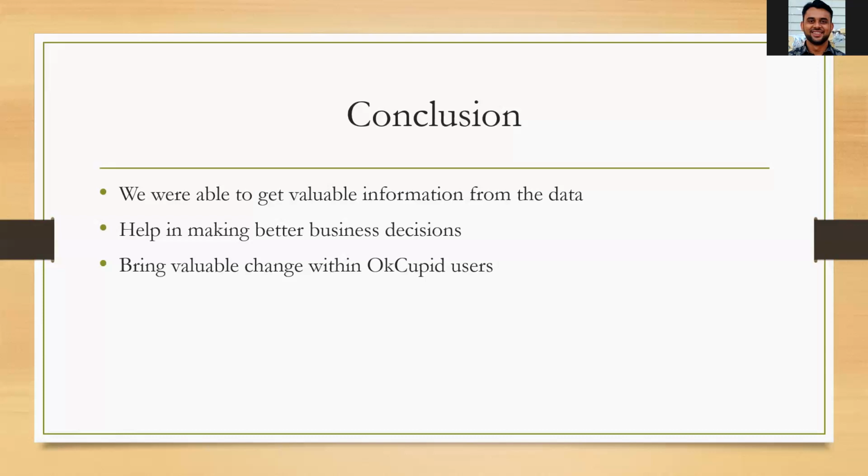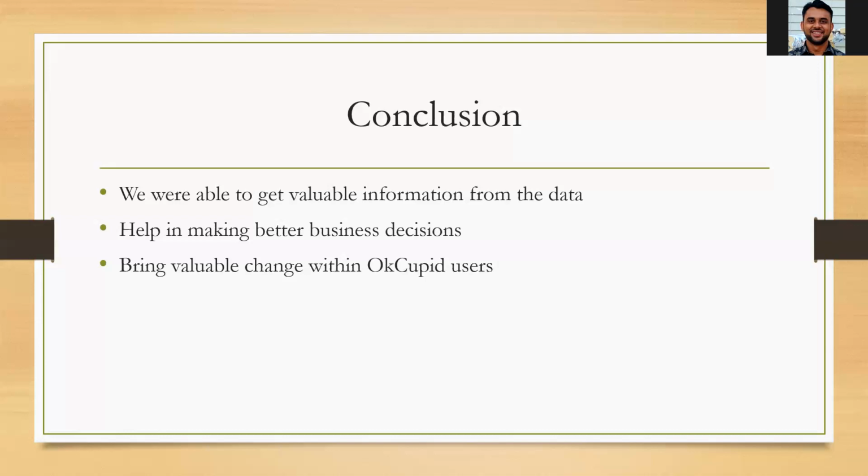Also, this will help OkCupid in making better business decisions. For example, they can make a difference in the community, based on the data that we see on the inequality, and we will follow that: men and women should have equal wage pay, things like that, right?